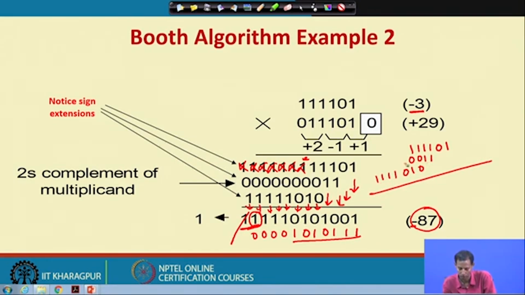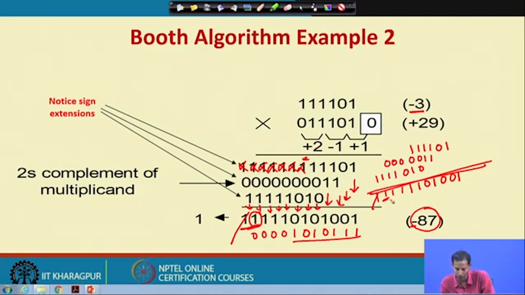Sorry, 1 1, and then this is all 0. So, now if I just want to add 1, then 0, this is 1, again this is 0, this is 1, this is 1, and then all 1. So, as this bit is 1, this indicates negative, okay, very fine.